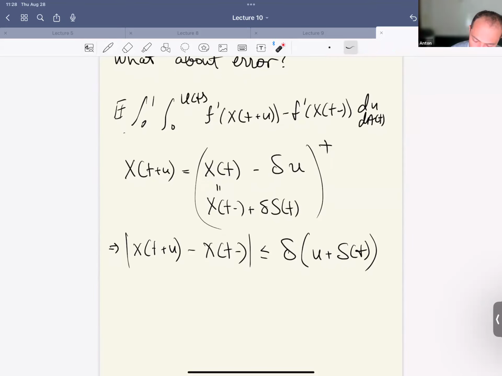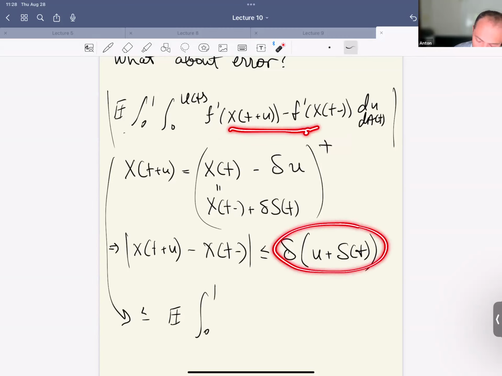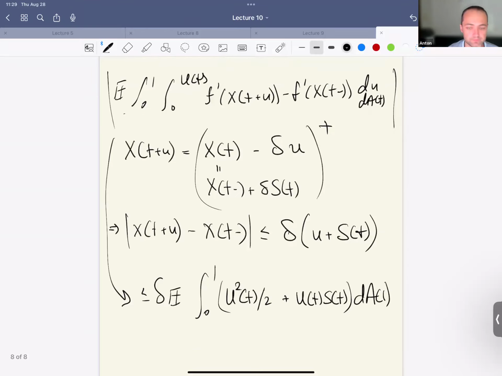Then if we put that back in there, we get an expectation from 0 to 1. So let me do two steps in one. I put in the delta u plus s of t in the integrand, and I'm going to integrate with respect to du right away. So I'm going to get, pulling the delta out, u squared of t over 2 plus u of t s of t, dA of t.